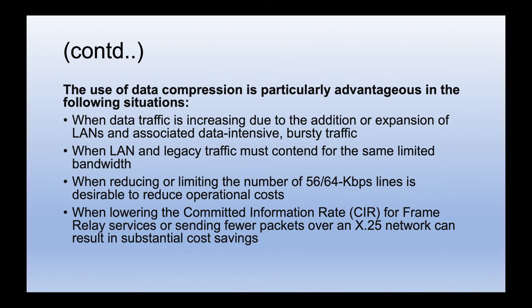In the last sample, lowering the committed information rate, also called CIR, for frame relay services, or sending fewer packets over an X.25 network, can result in substantial cost savings.